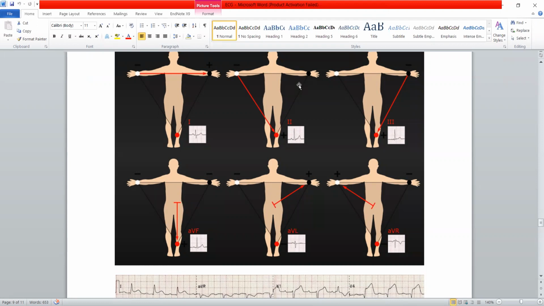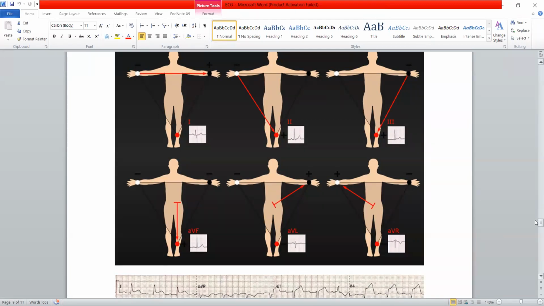So remember that AVR is kind of superior. AVR has a superior view of the heart. It's important to remember it. I'll tell you in the coming slides why it's important to remember that it is a superior lead.